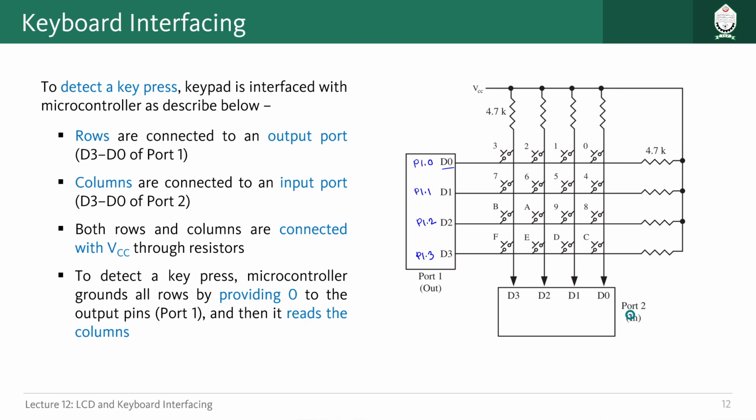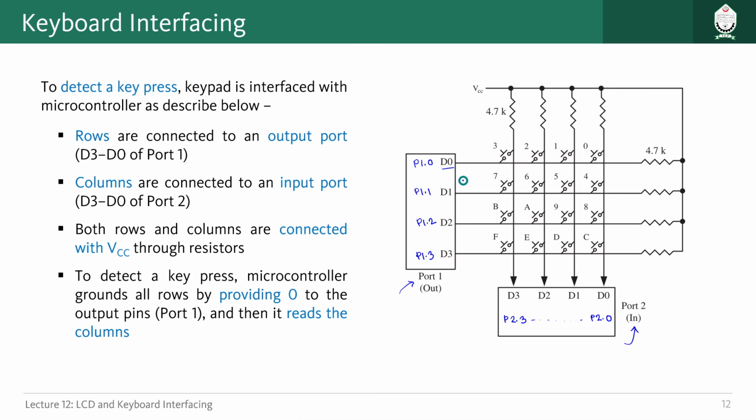And for port 2, port 2.3 here, and in this way this should be port 2.0, so these 4 pins of port 2 will be connected with the columns of the keypad, and port 1 will be used as output and port 2 will be used as input.